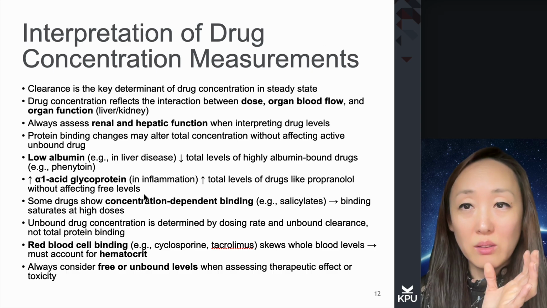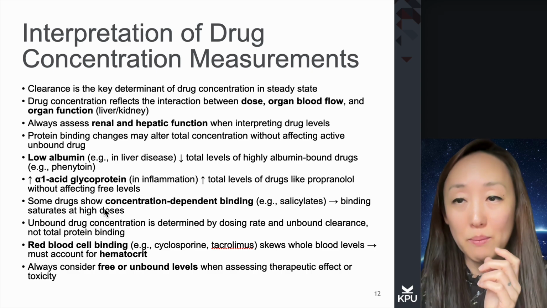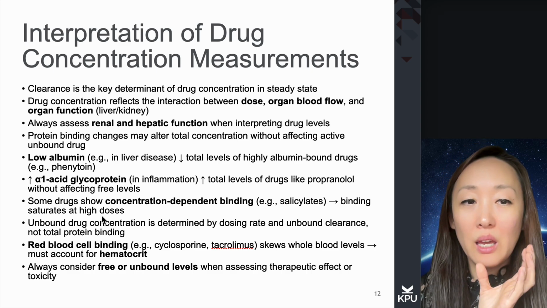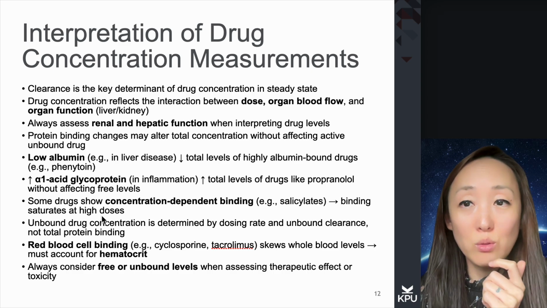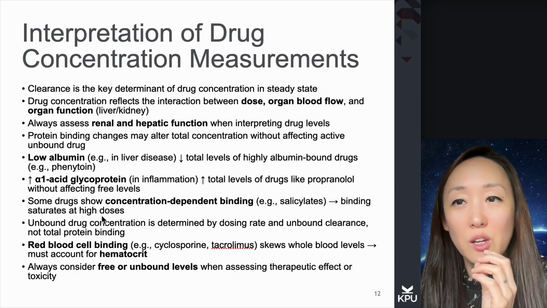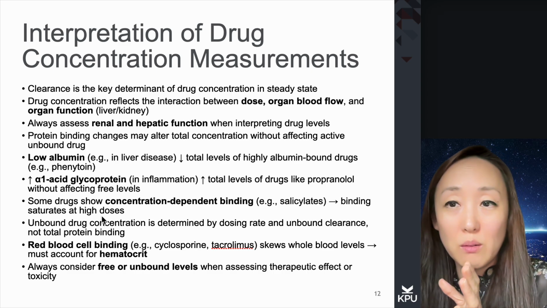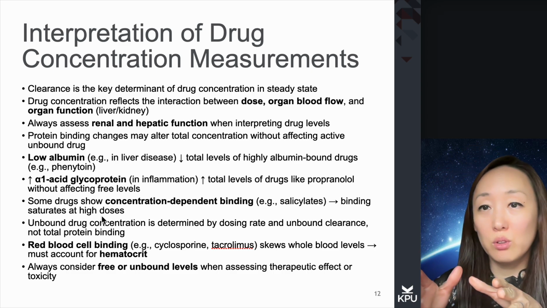And some drugs, like prednisone, have the concept that we talked about, which is saturable binding. At high doses, the protein binding would max out at some point, and the more drug would stay unbound.